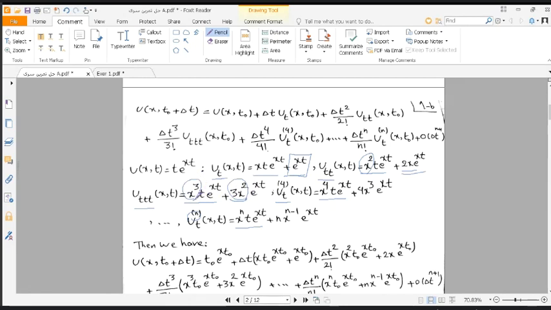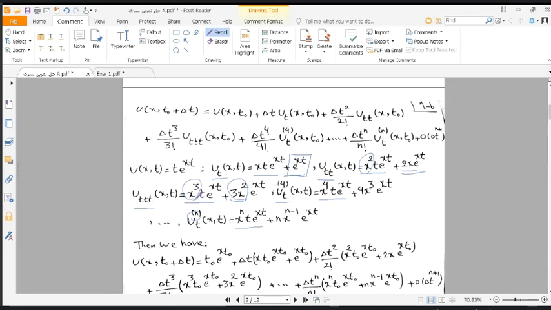For the fourth, we have 4x cubed e to the power xt.